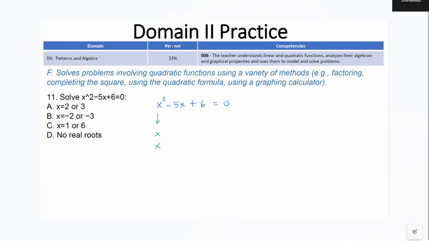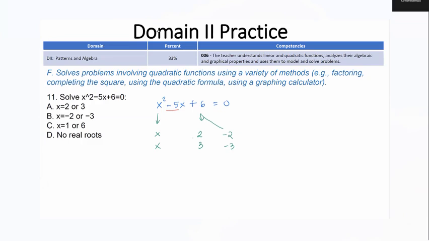So the factors of 6 can be 2 times 3, or negative 2 times negative 3. Again, the factors of positive 6 are 2 times 3 or negative 2, negative 3. I need to do this because I need to satisfy the middle term, negative 5.